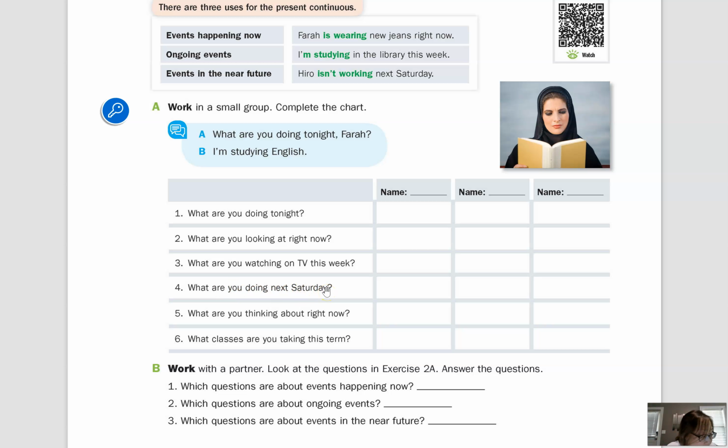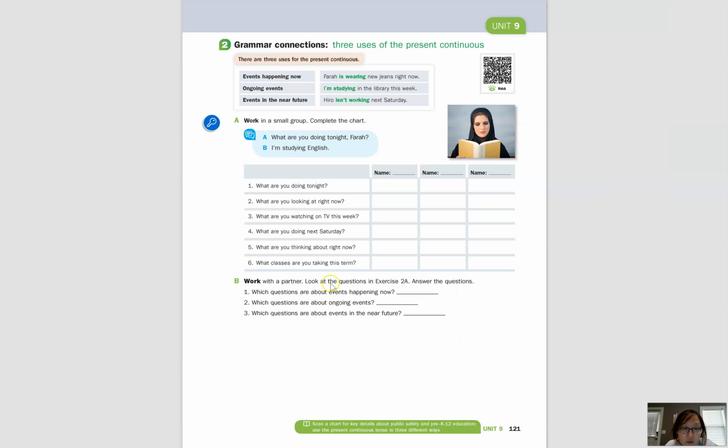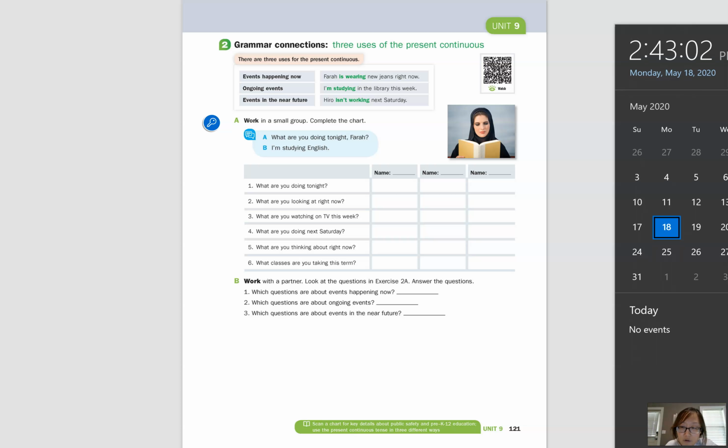So number 4. Okay, so this is where we are going to end this lesson today. I know it's a short lesson, but I'm sure you appreciate that. So next time we are going to start Unit 10, which is the final unit of the book. So we will end this term as scheduled in the middle of June, and I think our last class is, let me check the calendar real quick.